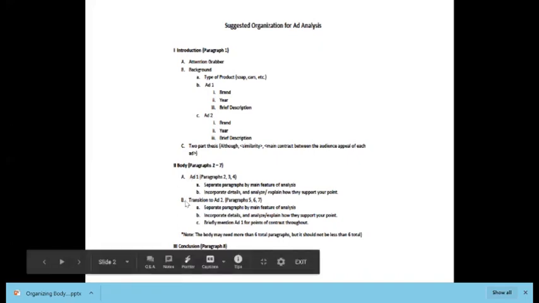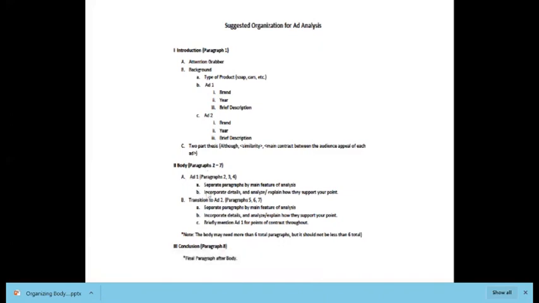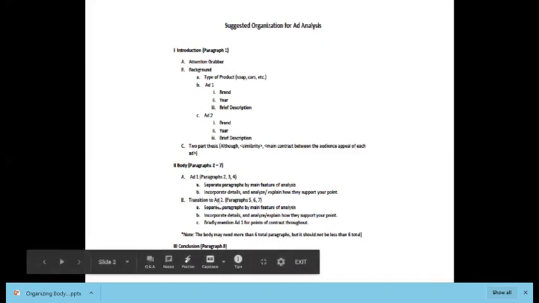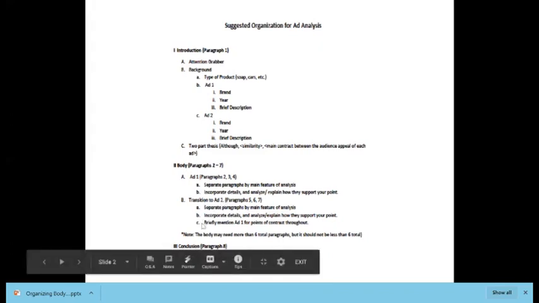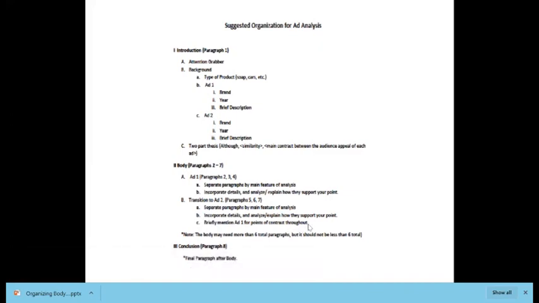This structure for comparison contrast walks you through your first item, then you transition to the second, and in the second ad is where you refer back to things you've said earlier to set up your contrast.